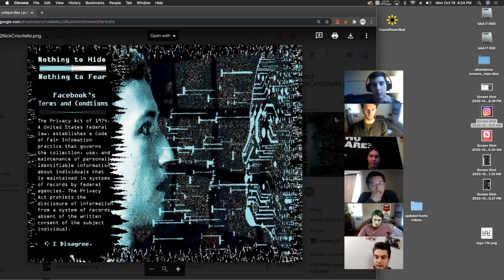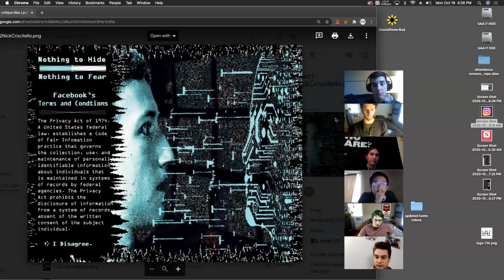I put an excerpt from the Privacy Act, which is basically a law that places regulations on the government and agencies on how to handle our information properly. Then at the bottom, I put I disagree, to show this law isn't in effect on Facebook. And that's pretty much it.